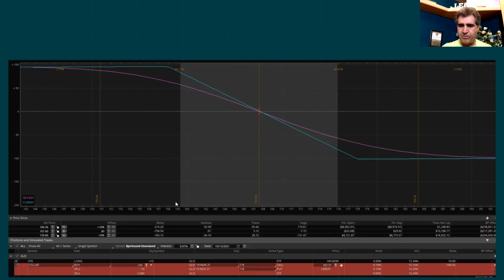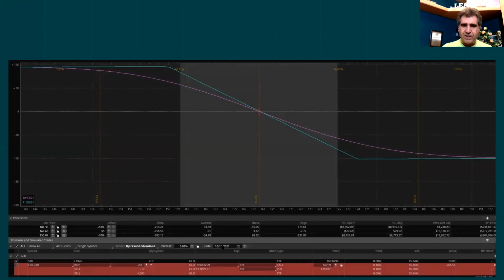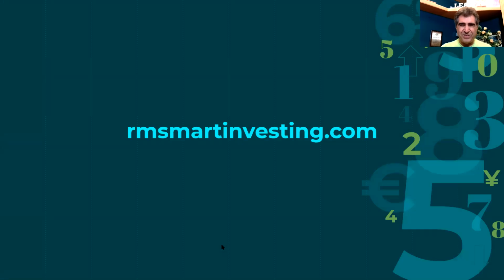So basically that's how the graph would look. My apologies, this should have been the opposite, but these are correct. As you can see, we sold the call and we bought the put in order to protect ourselves. So with that in mind, I hope it was helpful.